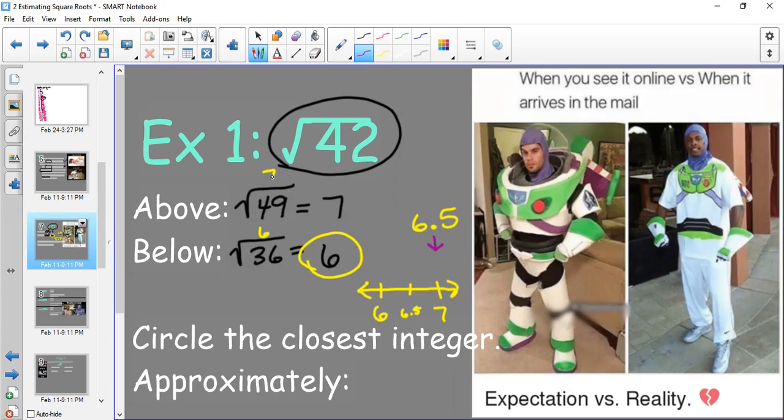If you notice, this was only 7 off and this was 6 off, so it was really close to right in the middle. So if I had to take a guess, it has to be very close to the middle, but just a little bit less than 6.5. So I would guess approximately 6.4. And I think if I plug this into a calculator, it would be 6.48. So 6.4 would be a really great guess, or you could even say 6.5.